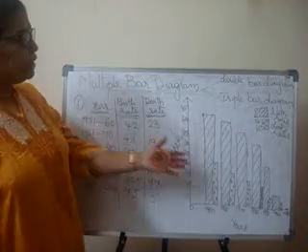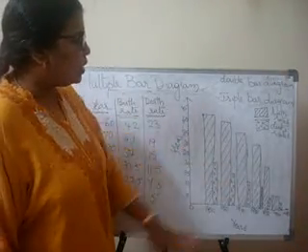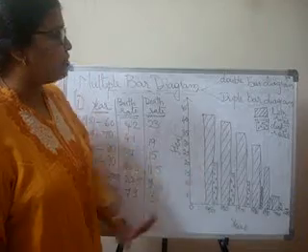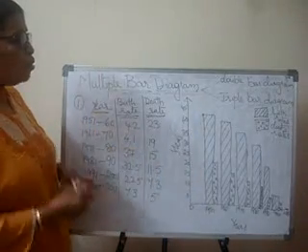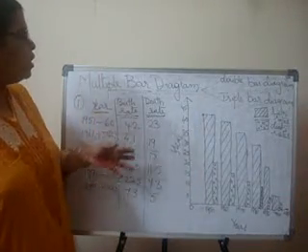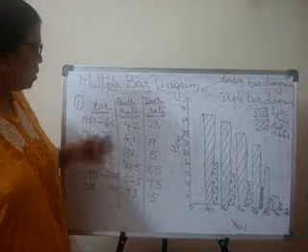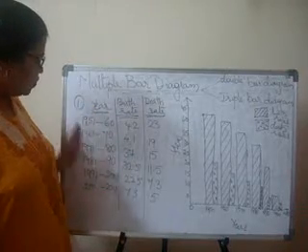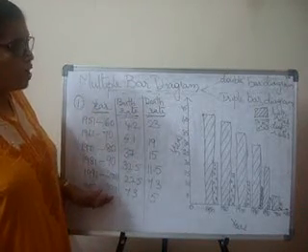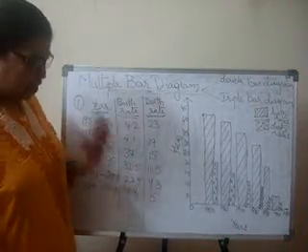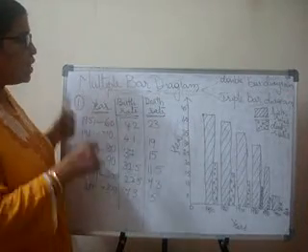Now we are clearly comparing the birth rates and death rates. There is no need of telling how the birth rates and death rates from the year 1951 to 2010 are decreasing.